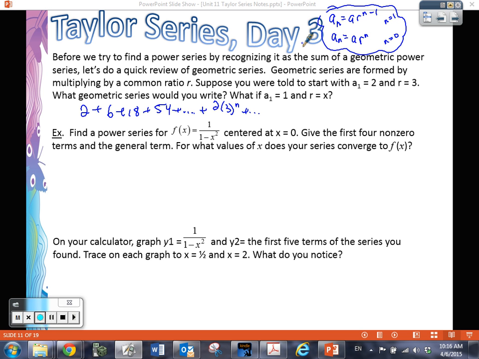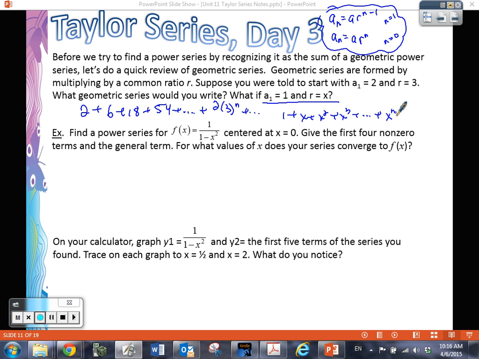Well, what if we were asked to write a geometric series with an x in it, like this one, where we start with a 1, and then it's basically x to the first, to the second, to the third. So 1 plus x plus x squared plus x cubed plus, and then our formula would be x to the n.